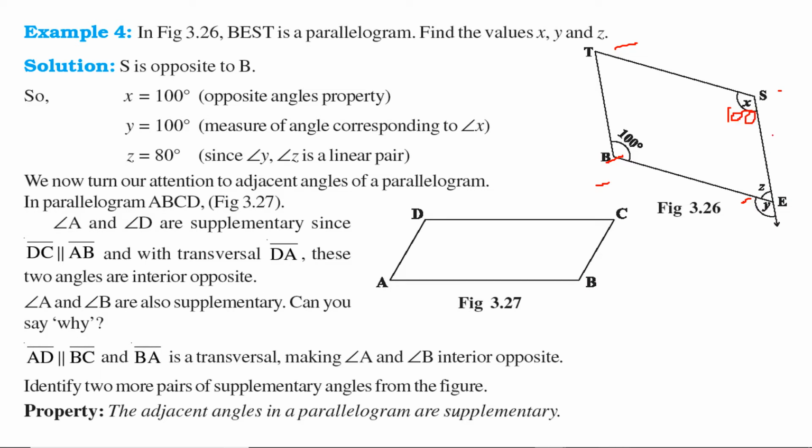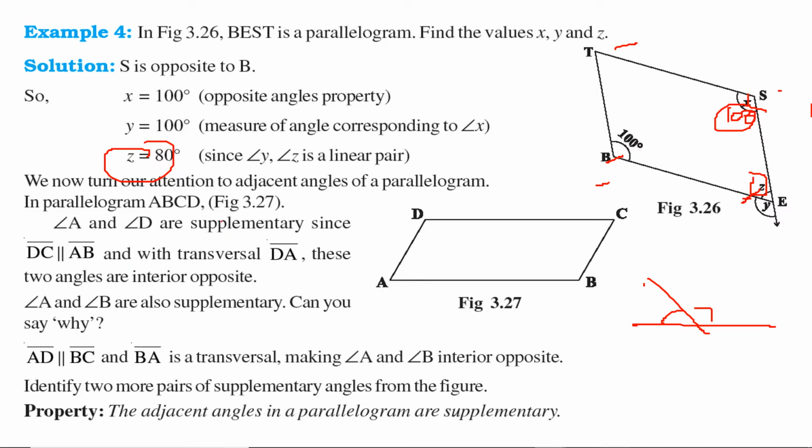Since we know that this angle Z and this angle are a linear pair, these two angles have to add up to 180 degrees. So this is 100, and this we don't know. So 100 plus Z will be equal to 180 degrees, which gives you Z equal to 80 degrees.